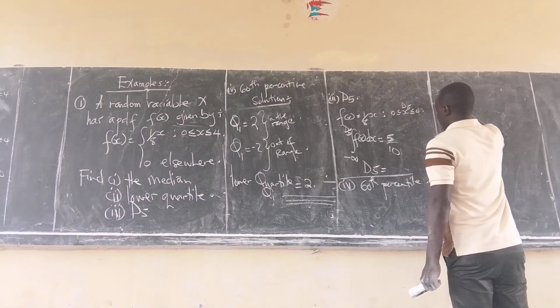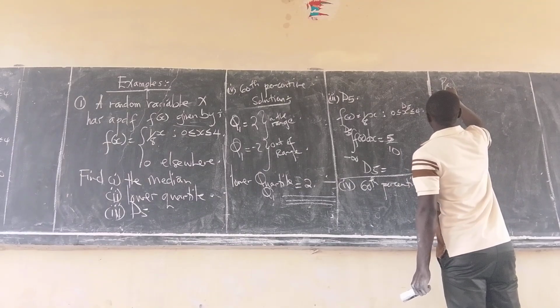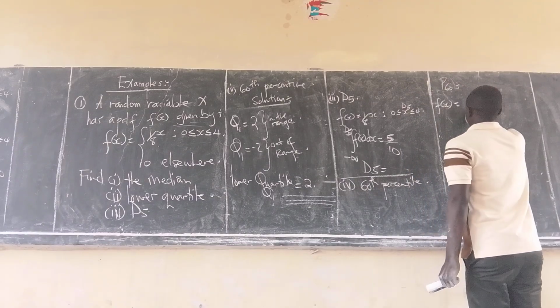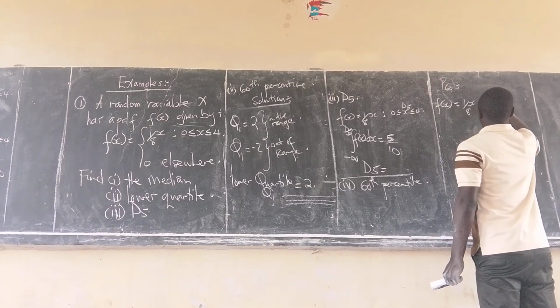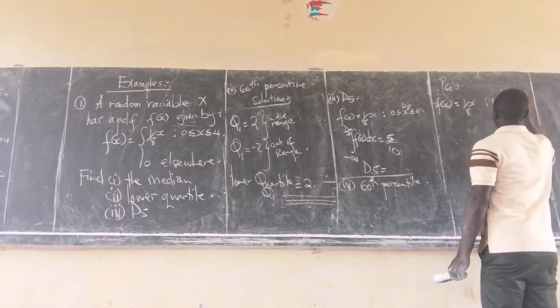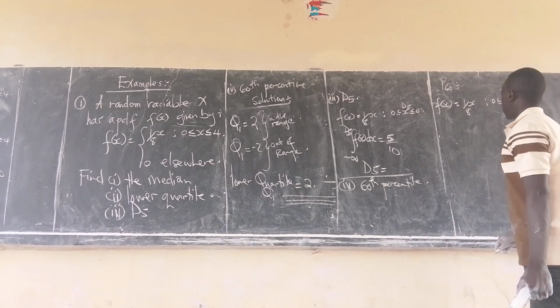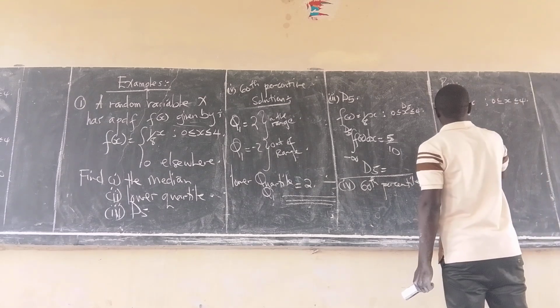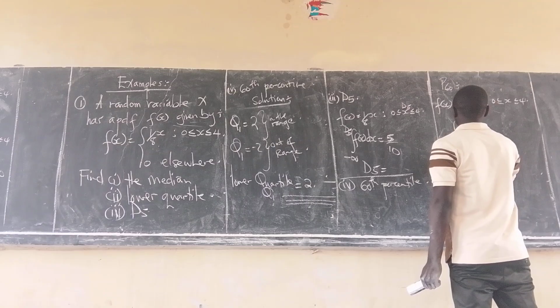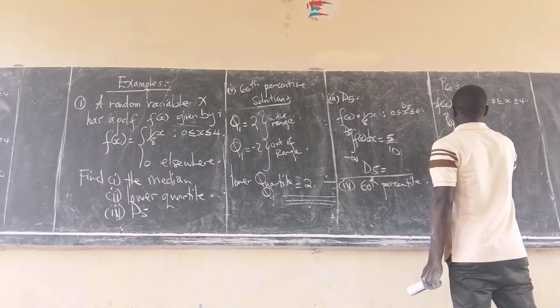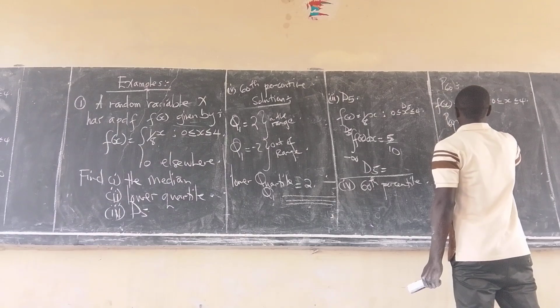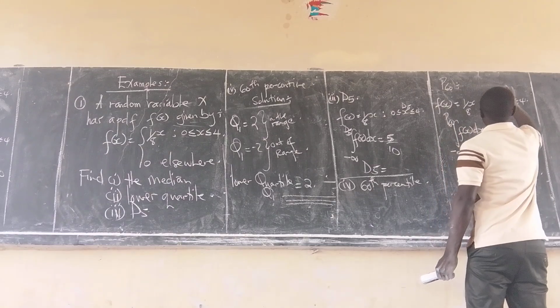So our f of x, the 60th percentile, is the same as p60. So our f of x is 1 over 8x, that is when x lies between 0 and 4. To get p60, we are going to integrate from negative infinity up to p60 and integrate f of x with respect to x.